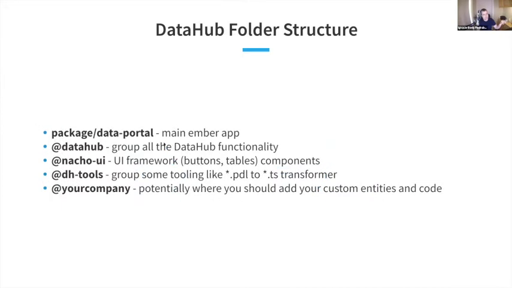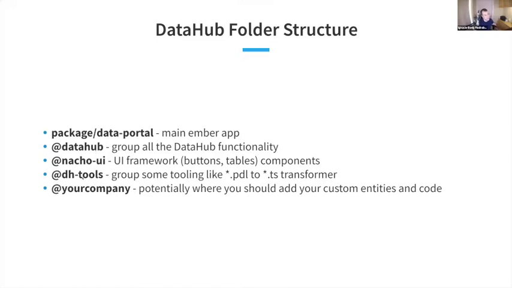And then we have multiple other packages or groups or namespaces, depends on how you want to call it. So we have DataHub. That's where basically all the code is going to be. Then we have Nacho UI, which is the UI framework that we use for DataHub. It's our own custom UI framework. It's a long story.